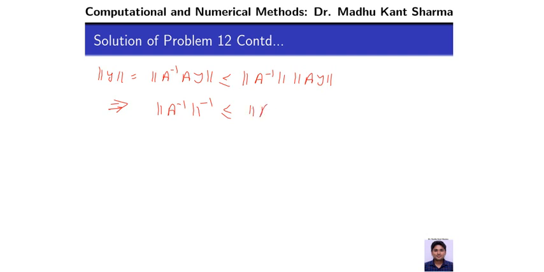Okay, now y naught is such that norm of A inverse is equal to norm of A inverse y naught, and norm of y naught is, let's say, 1.